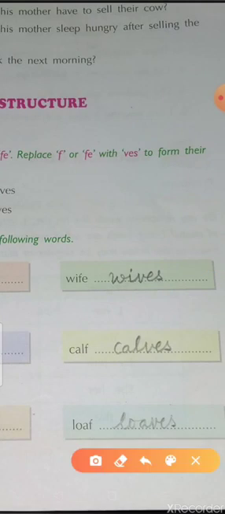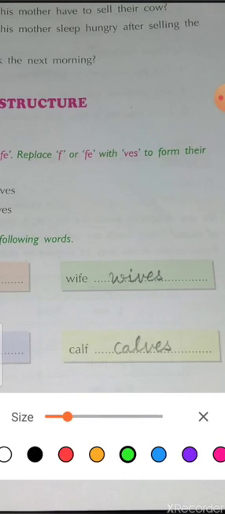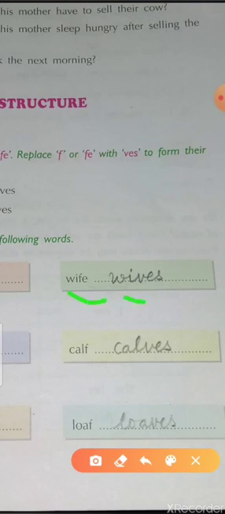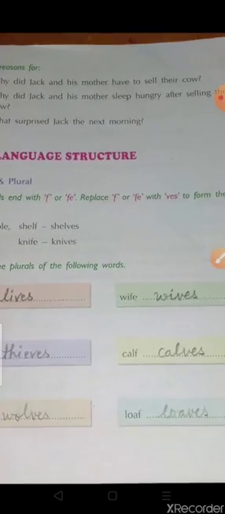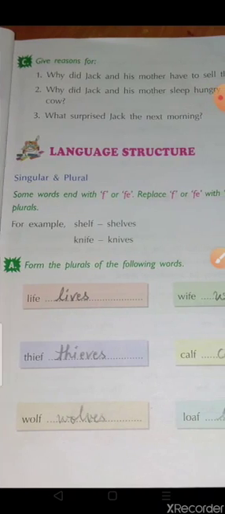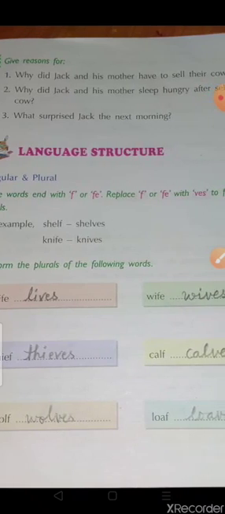Wife, wives. W-I-V-E-S, wives. Calf, calves. C-A-L-V-E-S, calves. Loaf, loaves. L-O-A-F, loaf; L-O-A-V-E-S, loaves. Now, in this exercise, we can see some words end with F and FE.